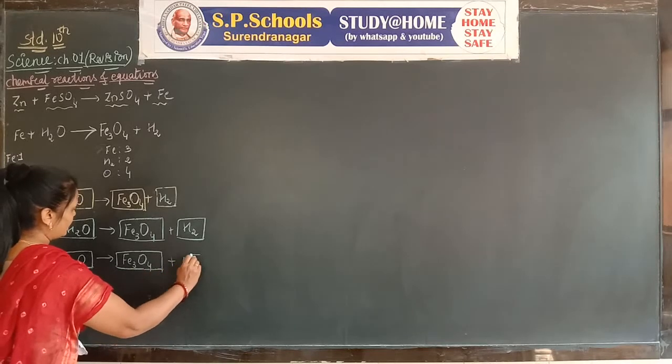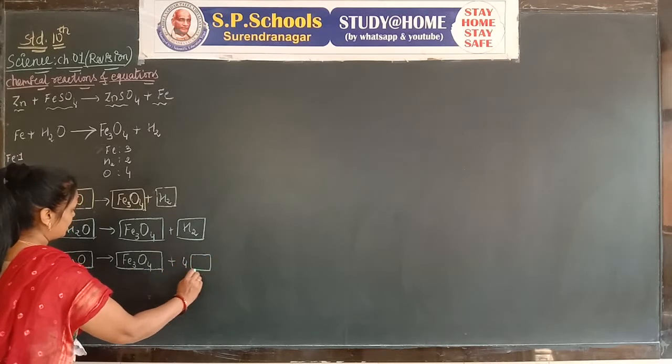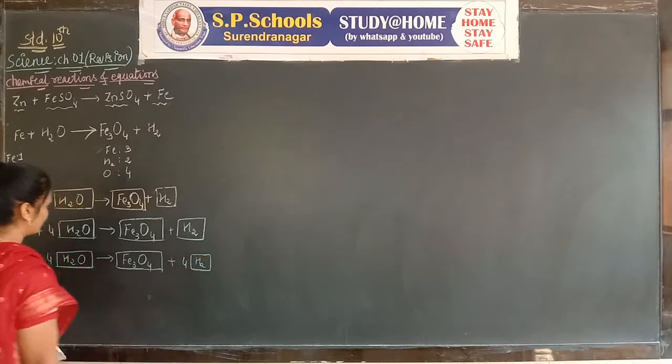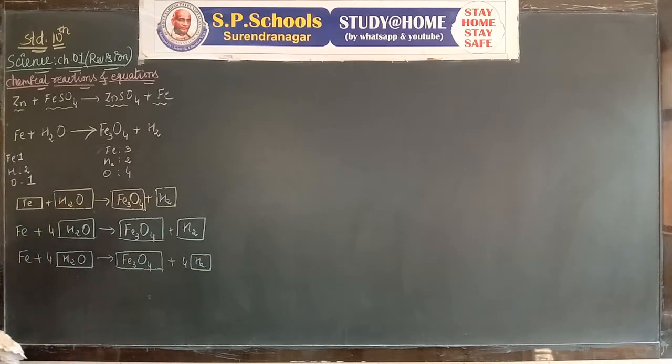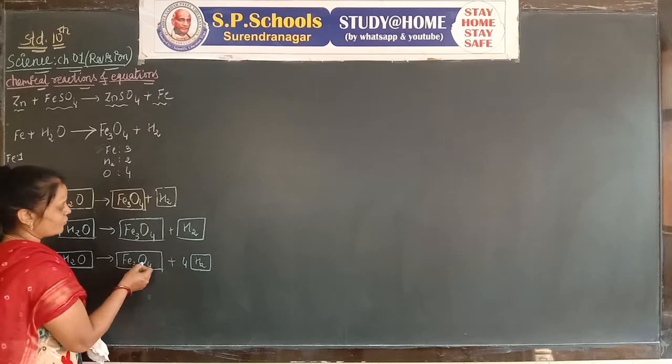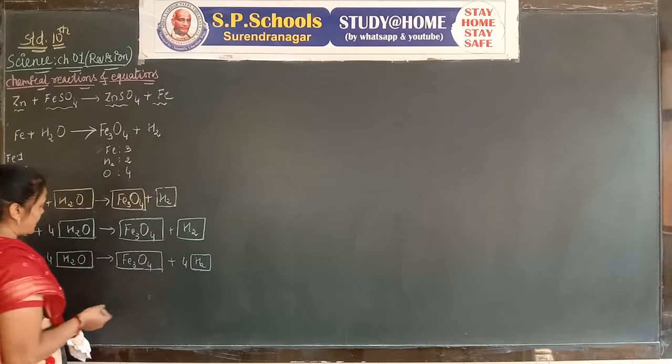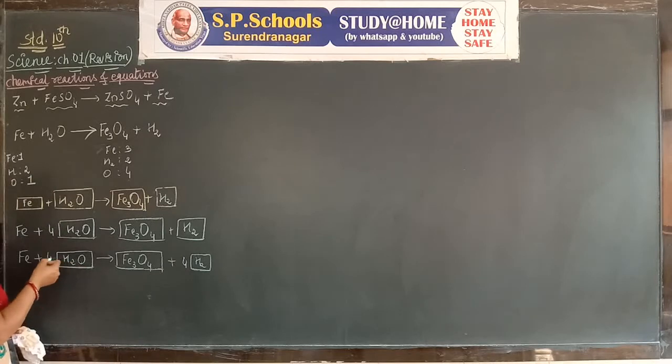Plus 4H2. Here you can count it. Oxygen will be 4. Here oxygen 4. Hydrogen, 4 2s are 8 hydrogen.